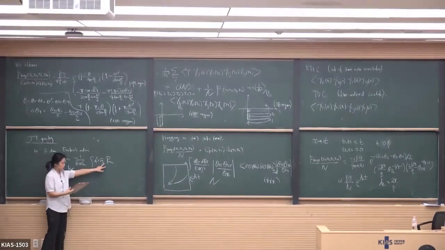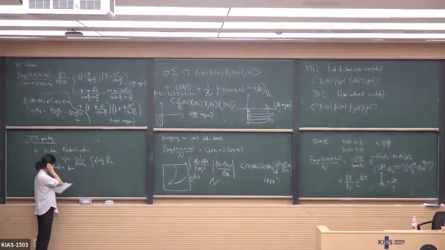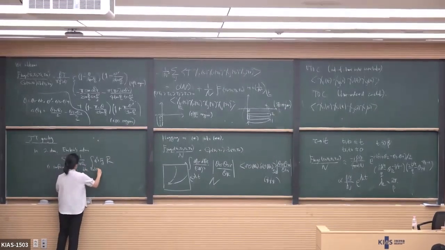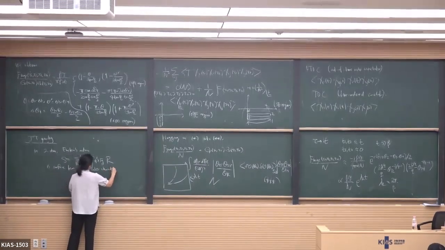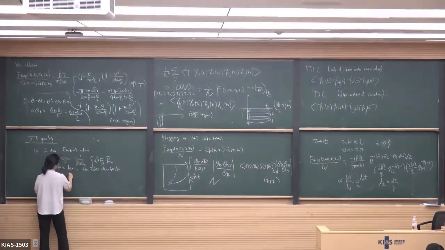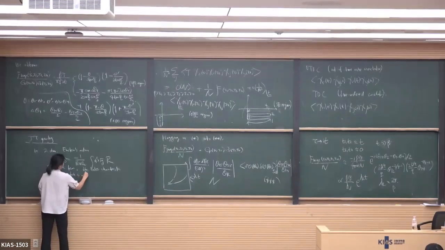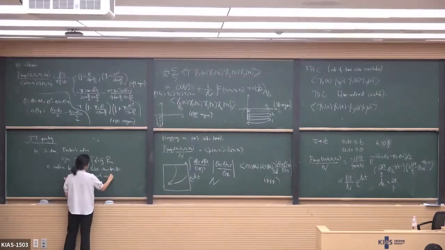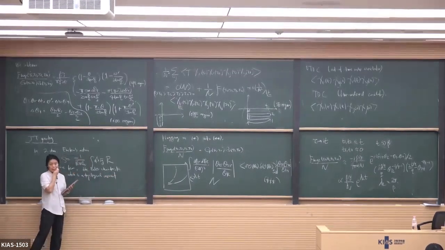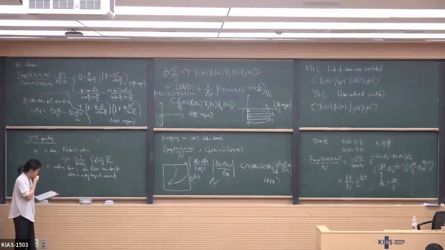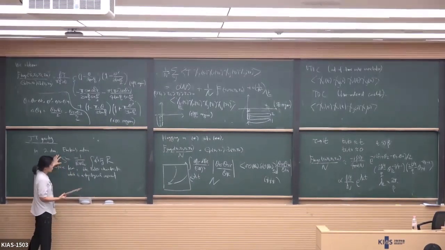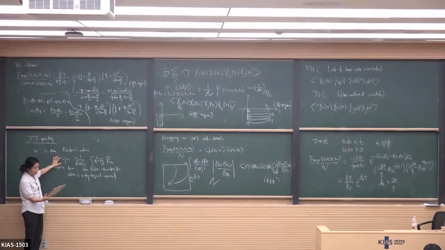The curvature, the Ricci scalar, computes the Euler characteristic of your space-time manifold, which is a topological invariant. So you don't have any dynamics.